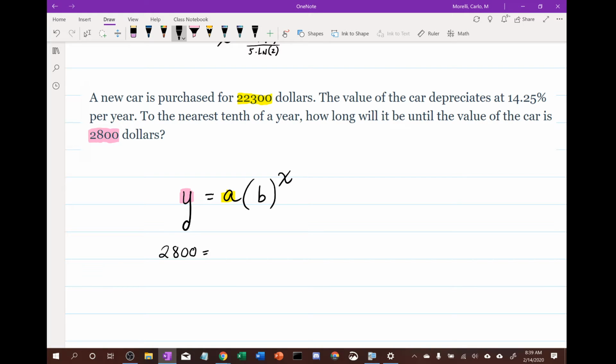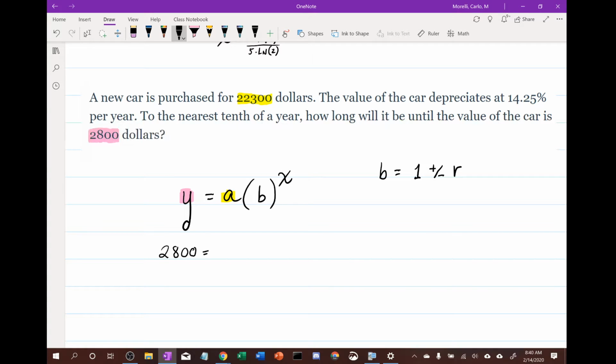That's right. So here's how we think about that. B is equal to 1 plus or minus the rate of increase or decrease.